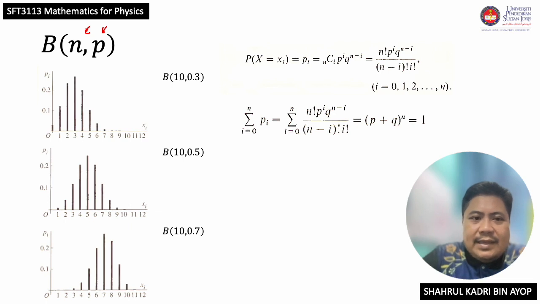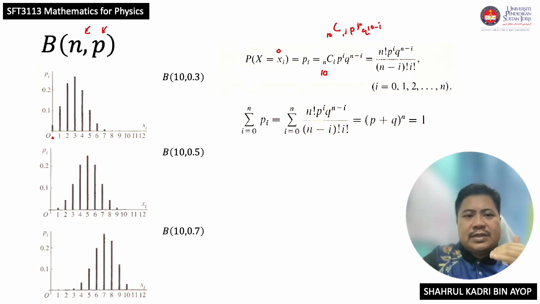By calculation, for example, to calculate P of i, we can write it as C(10, i), times p to the power i, times q to the power 10 minus i. So when we calculate for each of the xi, we can have these three distributions.